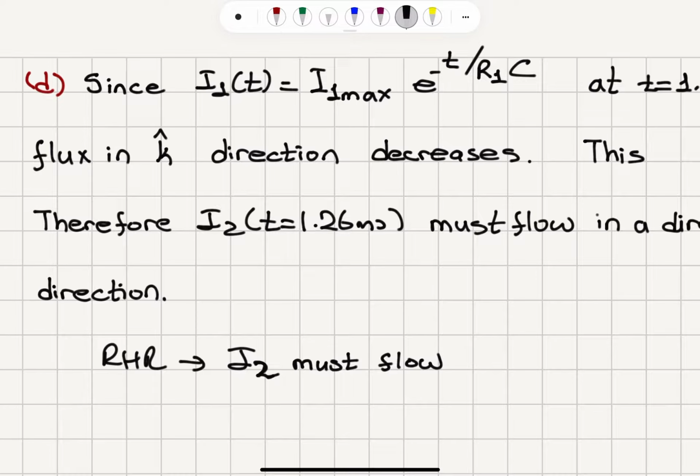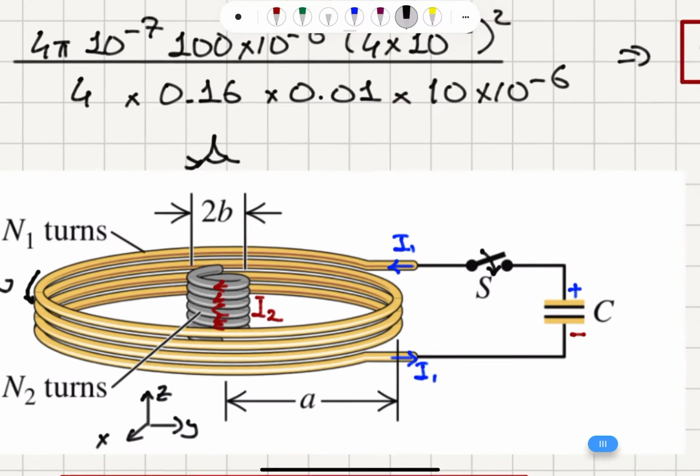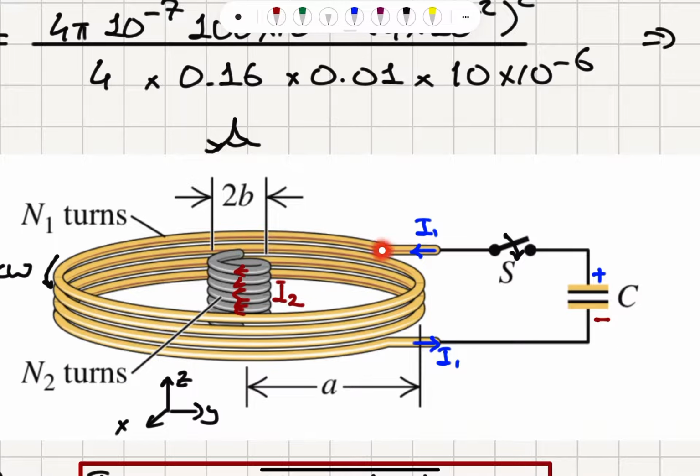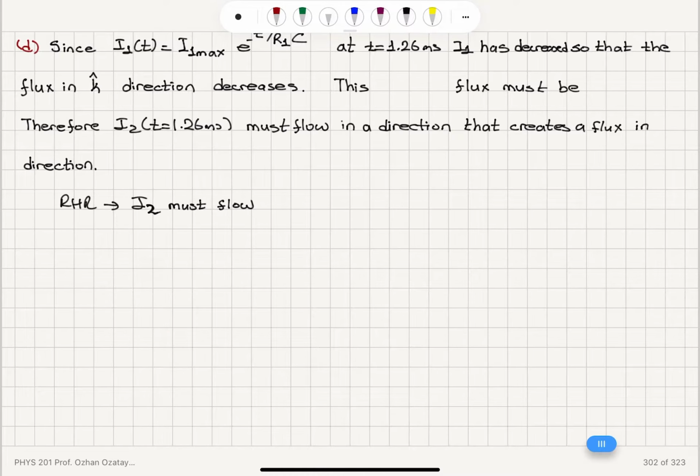All right, so I can see that this current is decreasing, the flux it creates in k-hat direction is decreasing. Therefore, I2 must flow in a direction that will oppose the decreasing flux in k-hat direction.